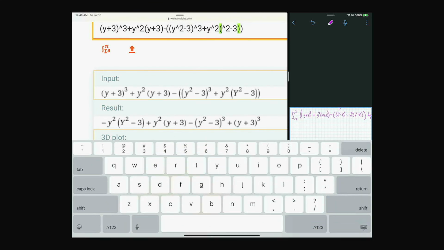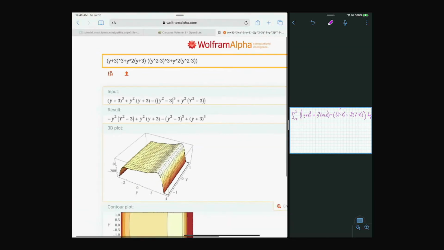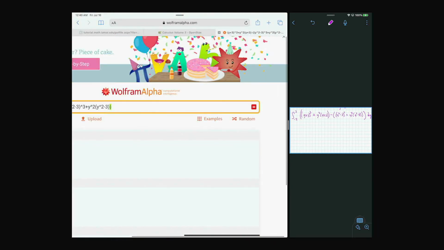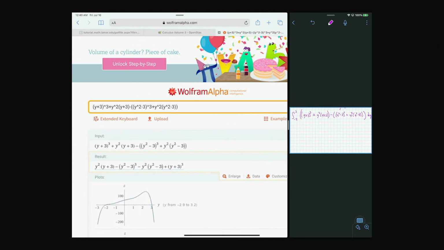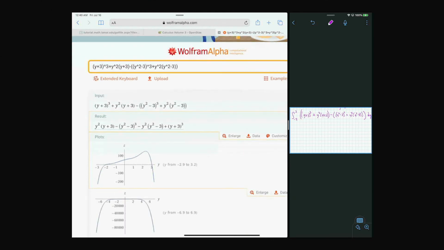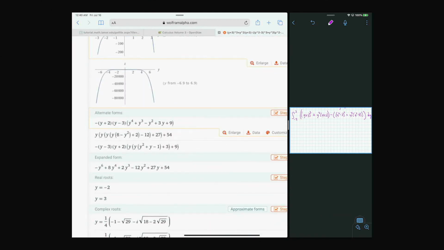Stupid me. I was like, why isn't it simplifying it? And then I saw the uppercase Y. So I'm going to scroll down until you find it in a form that you want.